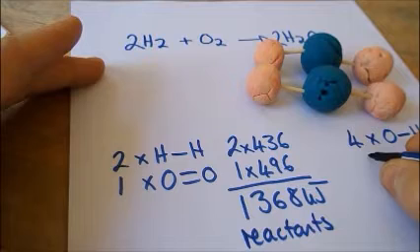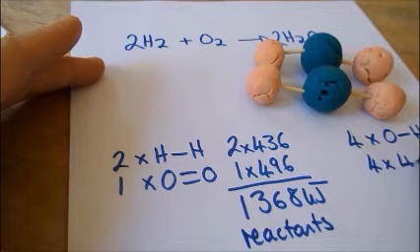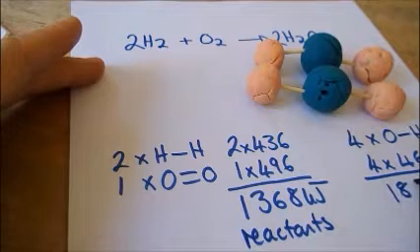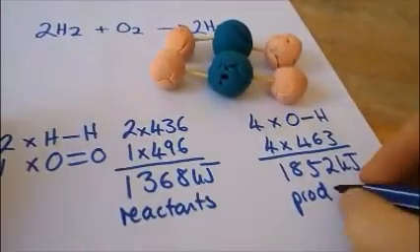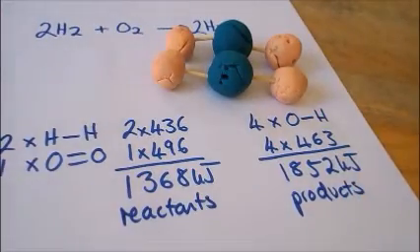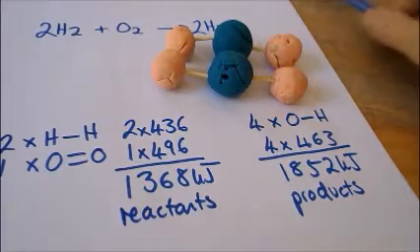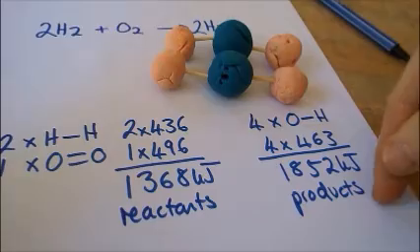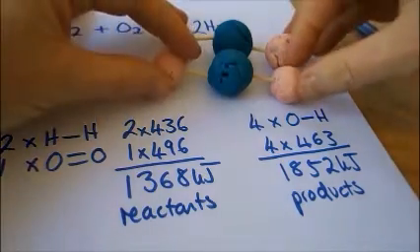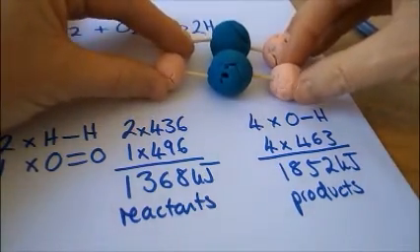So that is 4 times 463, which gives us 1852 kilojoules for our products. So that's the amount of energy needed to break the bonds in the products. Now we can think of this in terms of an energy level diagram.